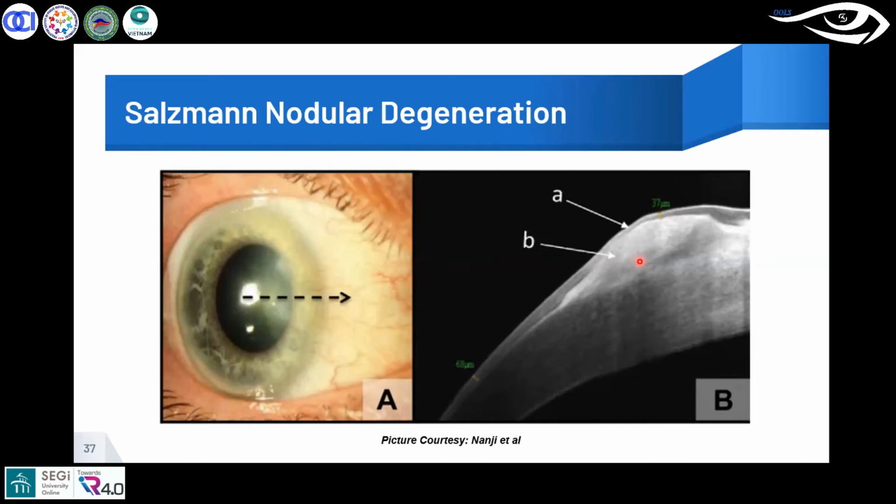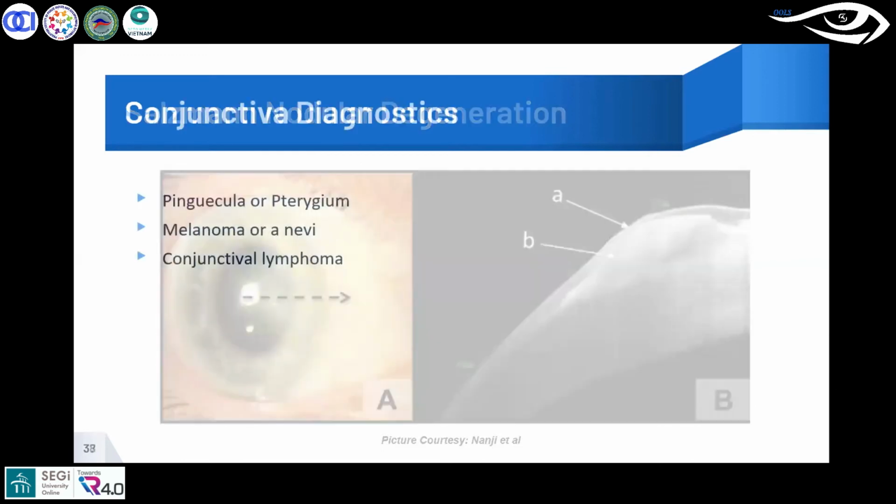Sometimes when the patient comes to the clinic, they might think this is an OSSN, ocular surface squamous neoplasia, and treat the patient for that. But if you look at the AS-OCT, you will see that the epithelium is unaffected, but the subepithelium shows hyperreflectivity. So you can differentially diagnose the condition of the patient.